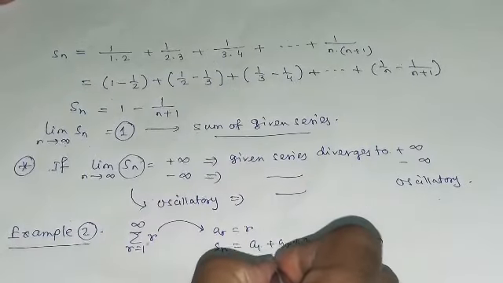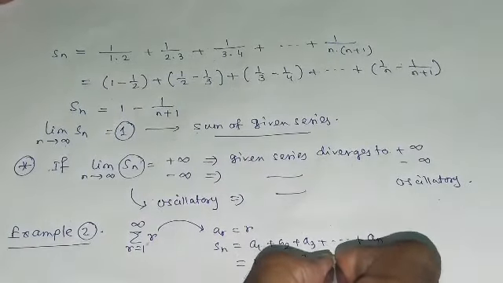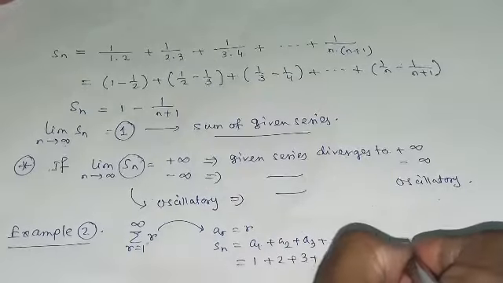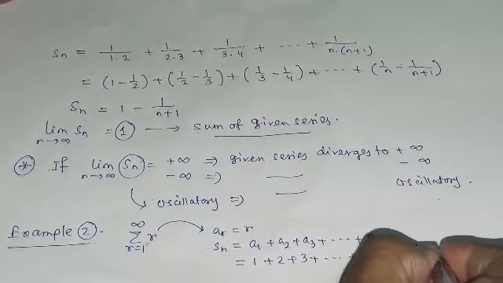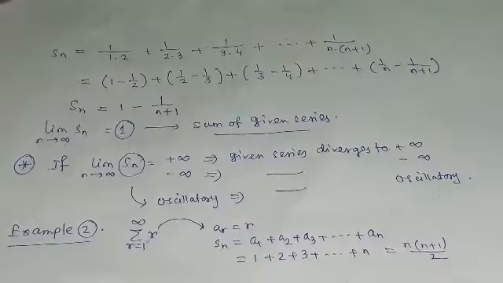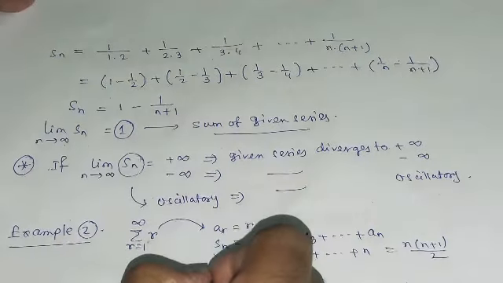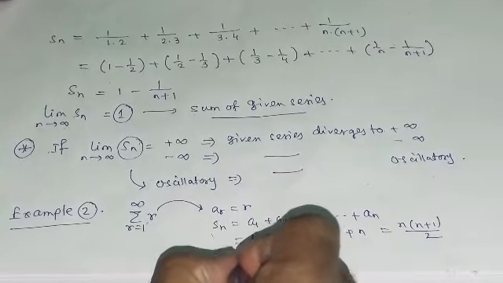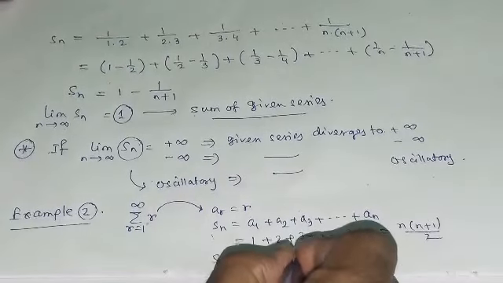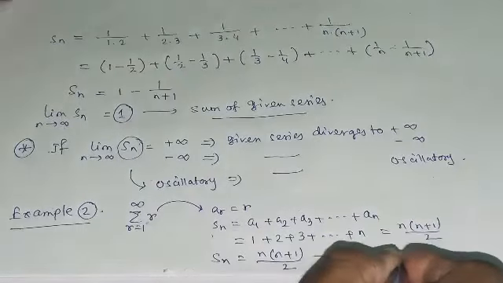So it is 1 plus 2 plus 3 plus up to n. It is n(n+1)/2. So this is your Sn, Sn equals n(n+1)/2. It tends to infinity as n tends to infinity.